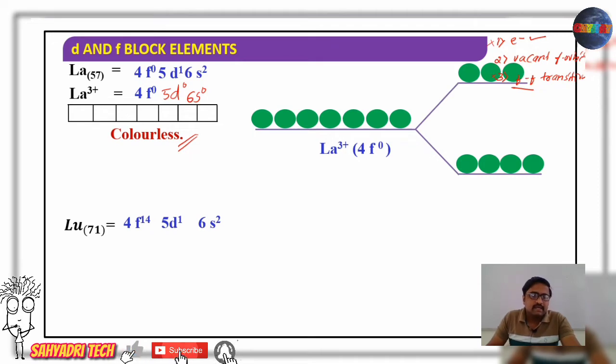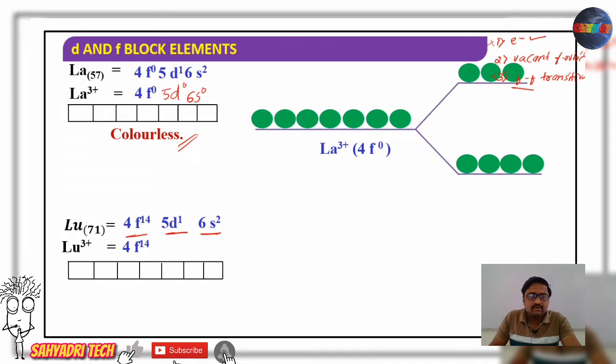Similarly, if I consider lutetium, atomic number 71, what is its electron configuration? 4f14 5d1 6s2. Now lutetium 3+ is 4f14 5d0 6s0, those 3 electrons were lost, one from 5d and 2 from 6s. 4f14 means all orbitals are completely filled.